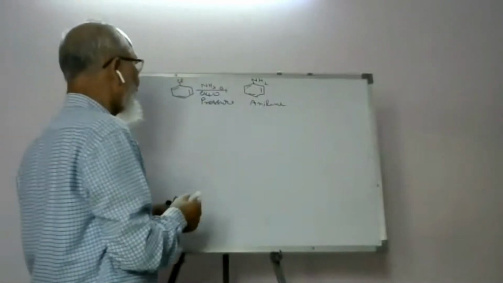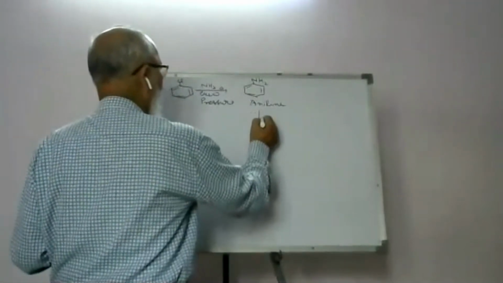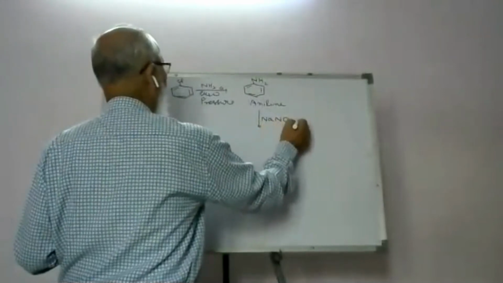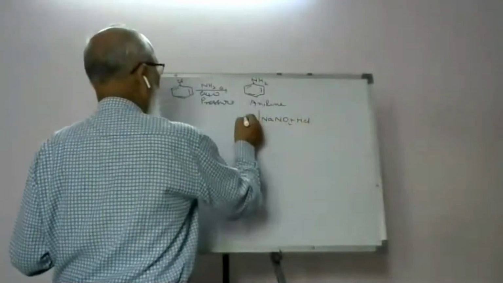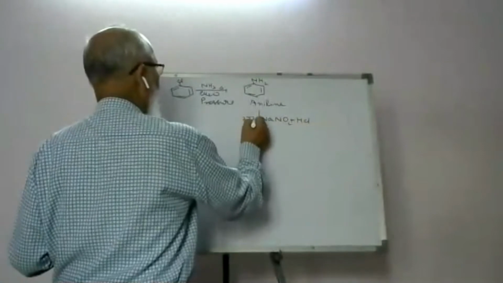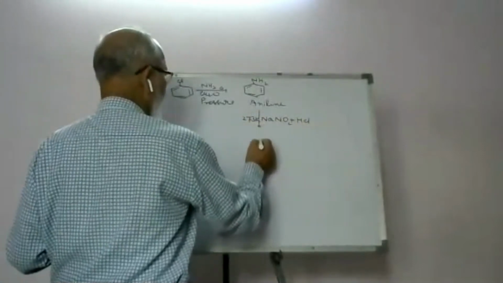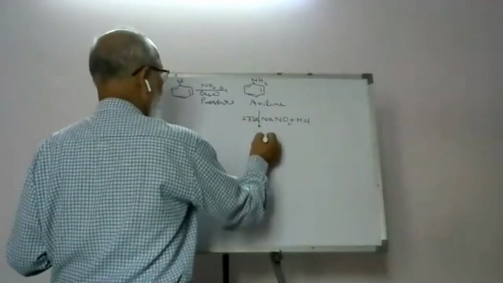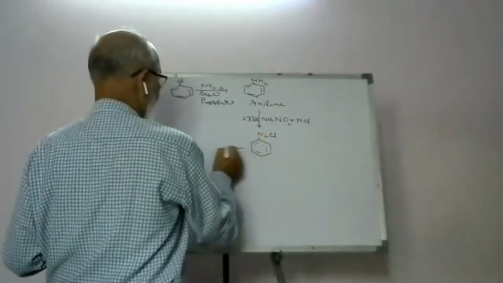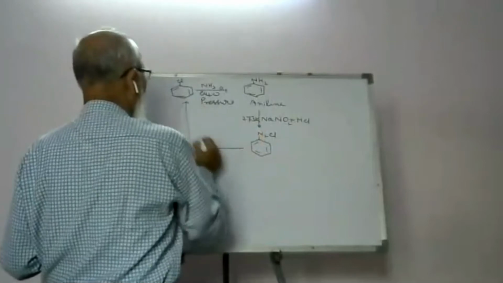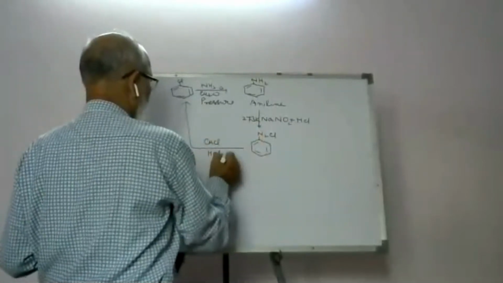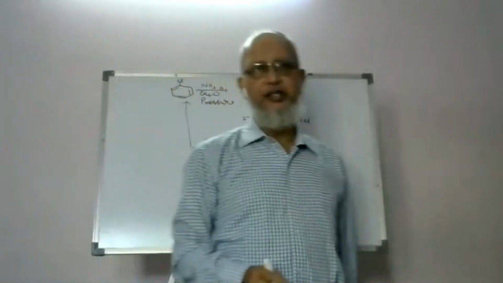This aniline with NaNO2 plus HCl. This reaction, as I have told you earlier, is called the diazotization reaction. This is converted into diazonium chloride, and this diazonium chloride can be converted into chlorobenzene by Sandmeyer reaction or by Gattermann's reaction.